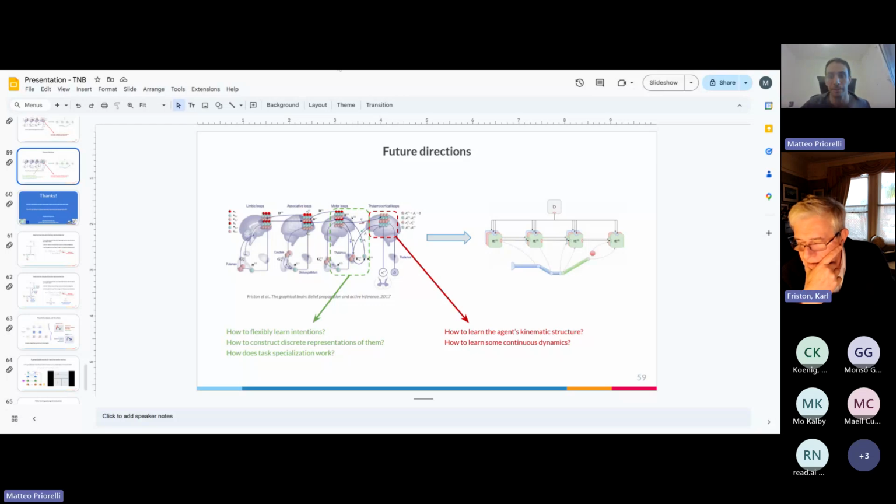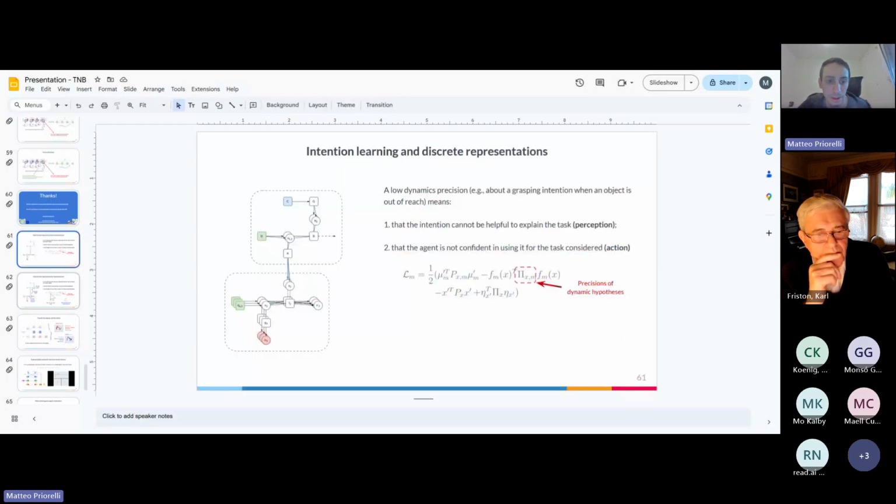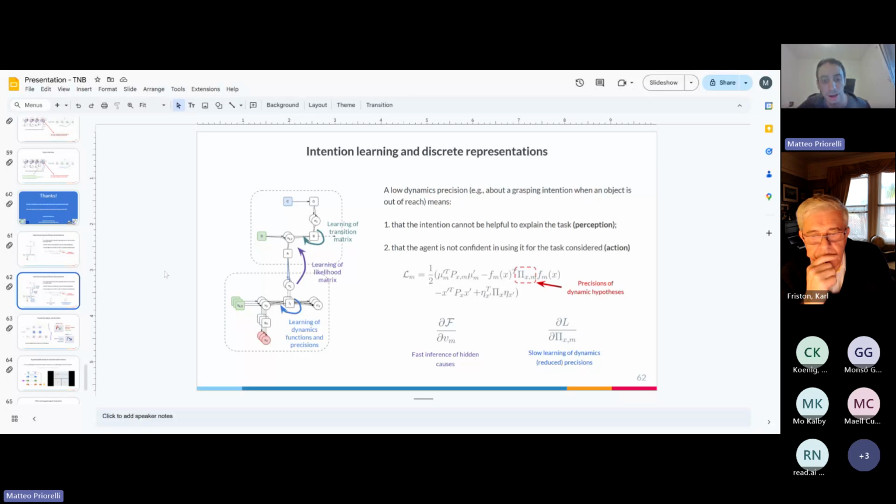I see. Okay. Yeah, actually, I have some ideas about this transition between these dynamics intentions and the discrete states. For example, you have the precisions of these dynamics functions of this dynamic hypothesis of the agent.